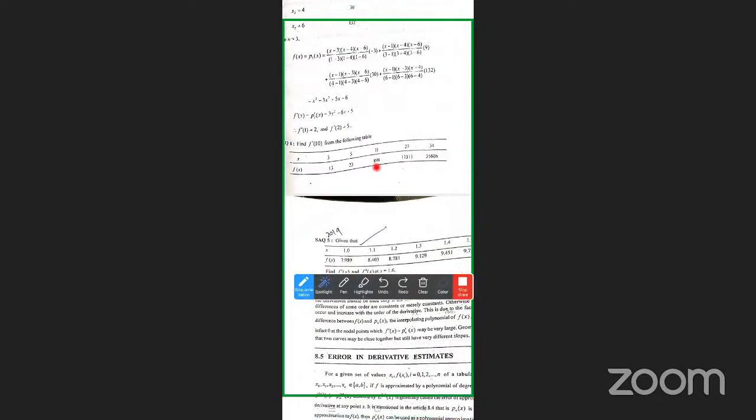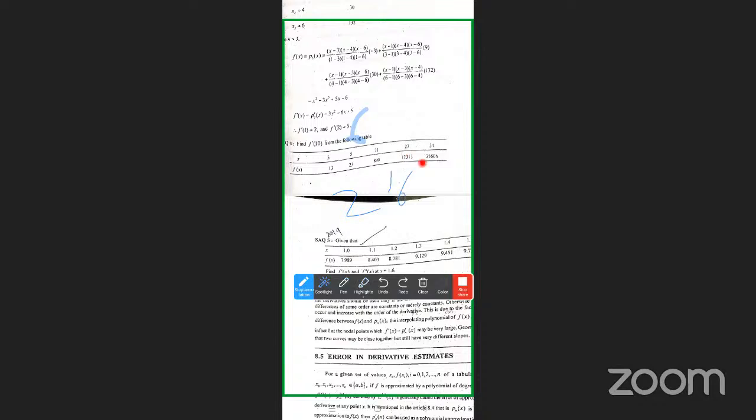Here also the same: find f dash of 10 from the following table. How do we identify whether the given problem is Lagrange's interpolation formula or not? Here, the length of the interval: 3, 5, 2. Next 5, 11, so the difference is 6. Next, here also the difference is 16.